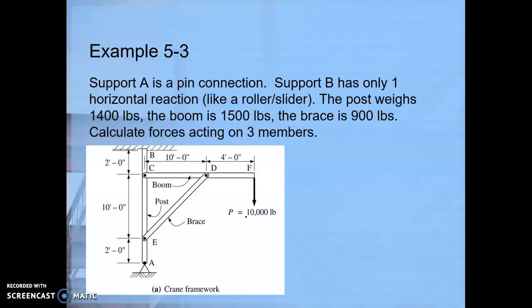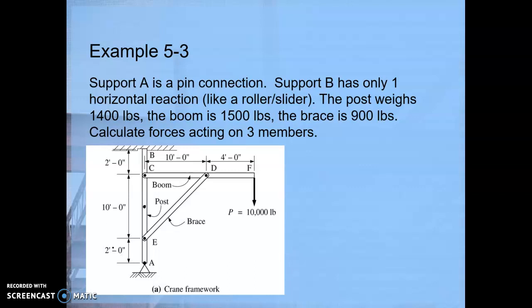Now, in addition to the externally applied load of 10,000 pounds, we are going to consider the weight of these framing members. The problem statement tells us that the post weighs 1,400 pounds. So we want to consider that weight. You can think of the weight of a framing member as being applied at its center.